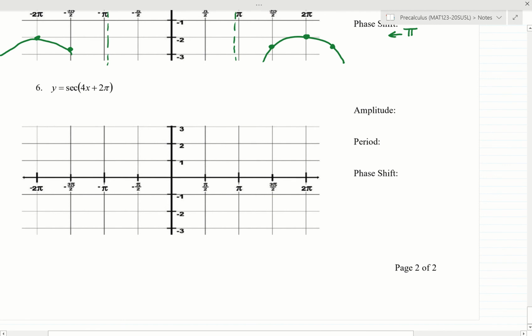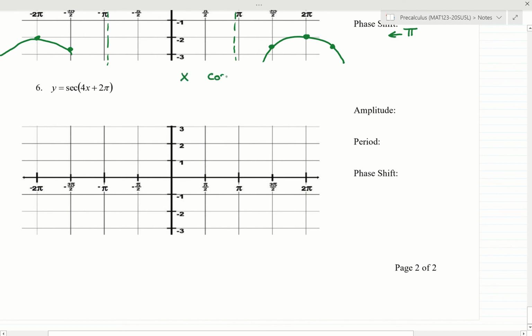So now let's take a look at number 6. For number 6, we have secant, and we are going to be using the reciprocal of cosine to figure out secant. So let's figure this out here. We'll start with an x.